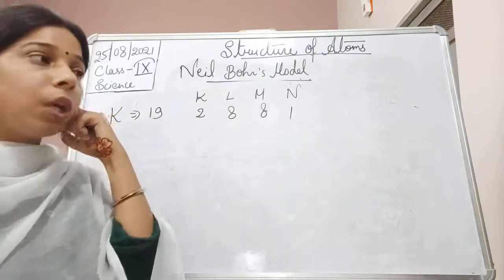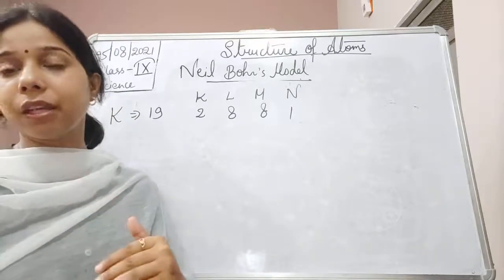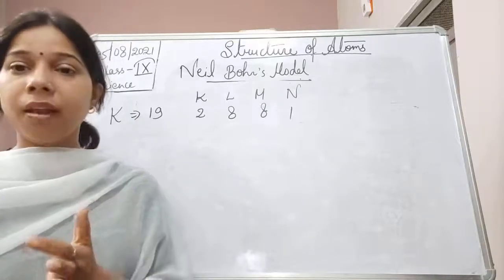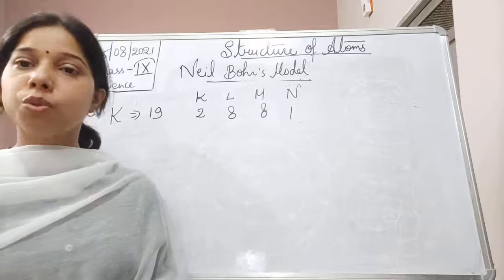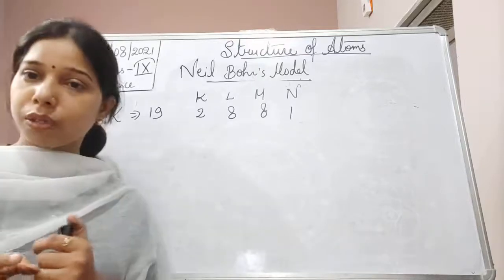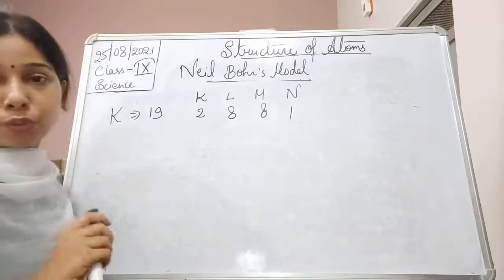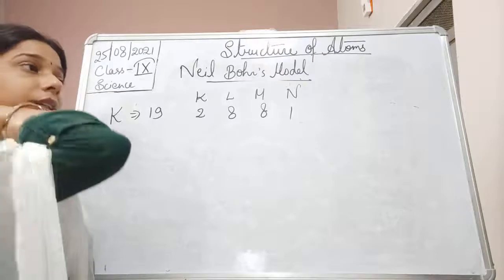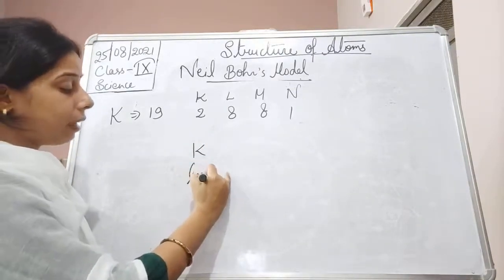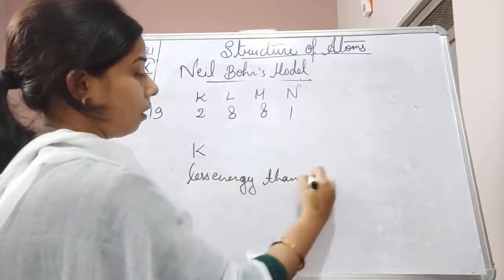Second, electrons always start entering from the lowermost shell to the higher shell. It means the shell which is close to the nucleus, then the higher orbits. Basically, why is it so? It is because the K shell has less energy than the L shell.